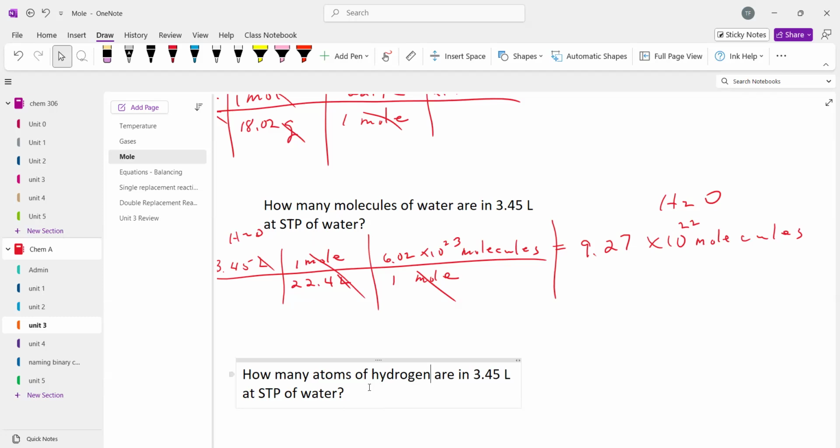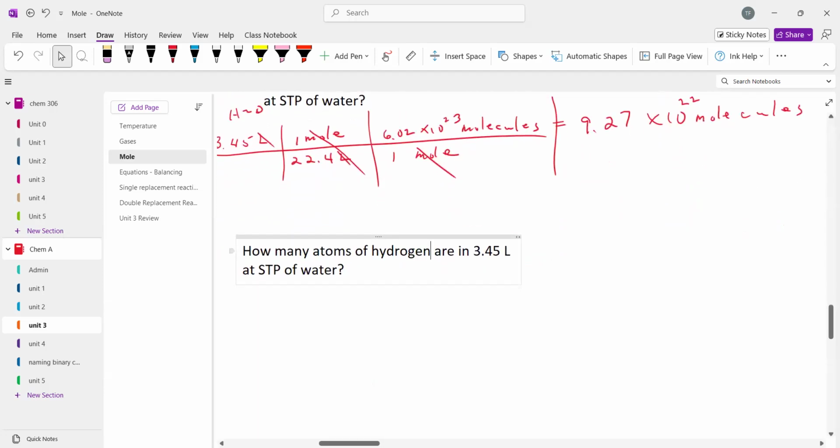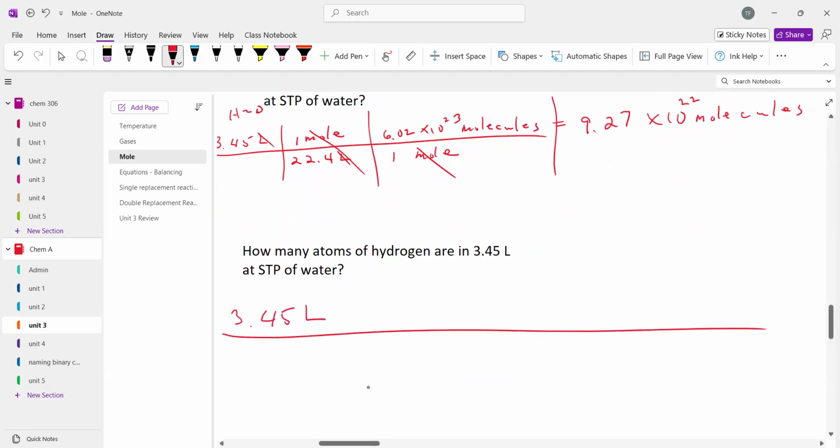H2O. If I have 10 atoms of hydrogen, how many waters can I make with that? 5, because it's 2 to 1. 2 hydrogens per 1 water. Exactly the same concept. Okay, so this one's asking for hydrogen atoms. So we're starting with 3.45, and we need to get to moles like we did before, under STP because it's a gas.